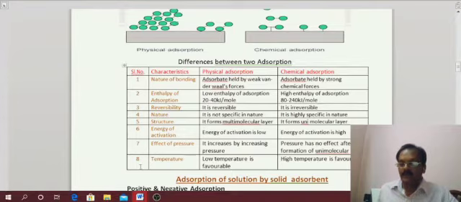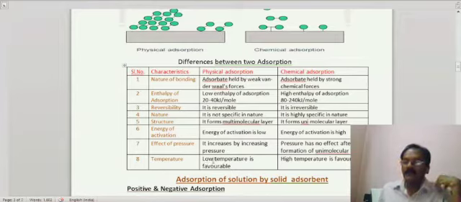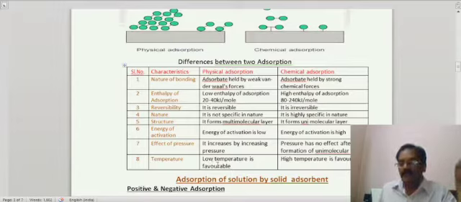And the effect of temperature, as I told you, is that adsorption is an exothermic process. So an increase or decrease in temperature always changes the rate of adsorption or the amount of adsorption. Since physical adsorption has a low energy of activation, the adsorbate molecule can readily adsorb on the surface of the adsorbent at low temperature. That is, low temperature favors the adsorption.